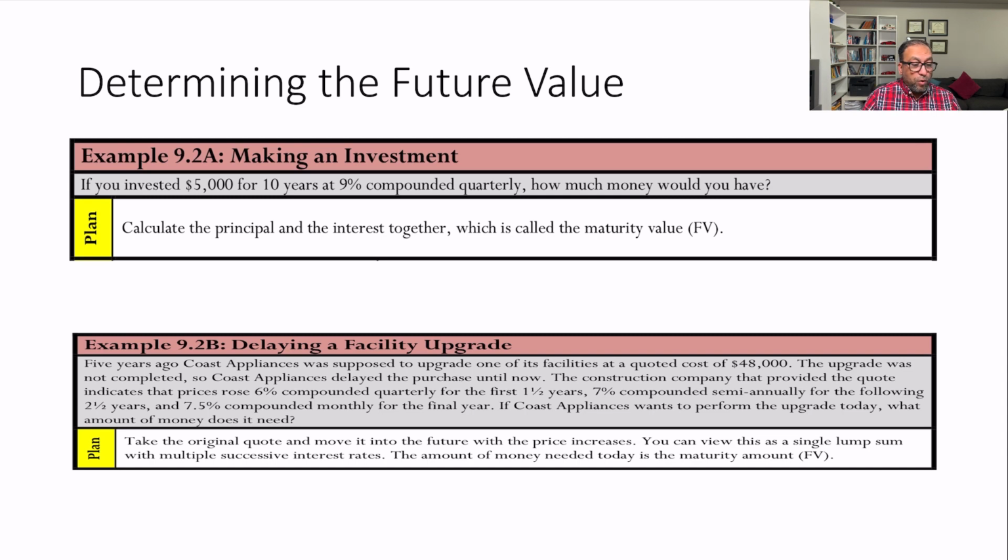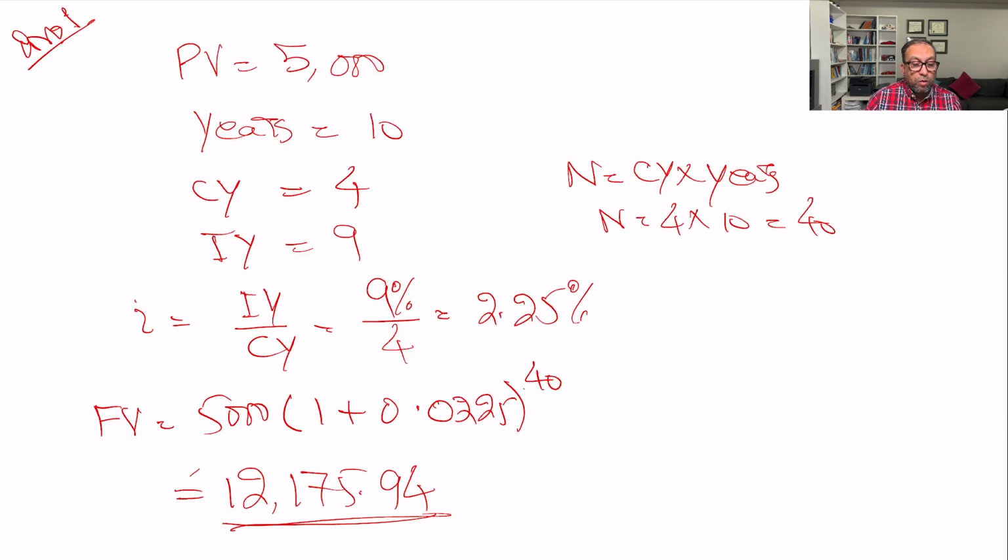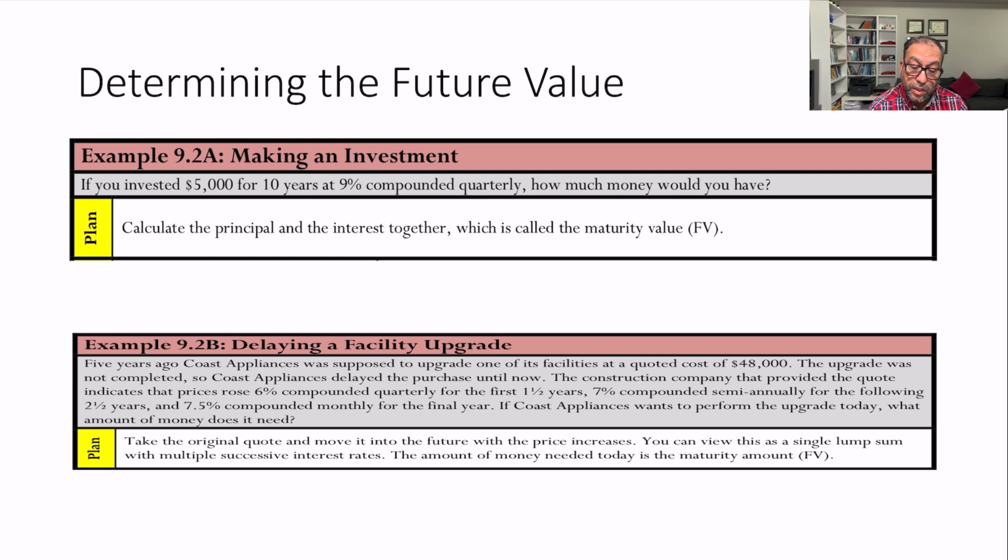First of all, we have three different i's, because the interest rates are 6%, 7%, and 7.5%, right?